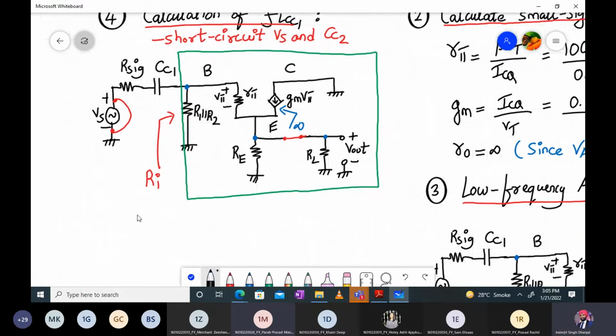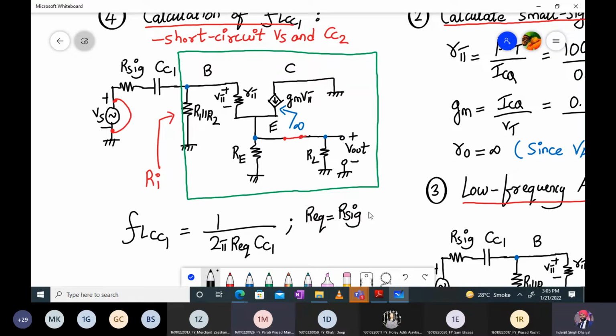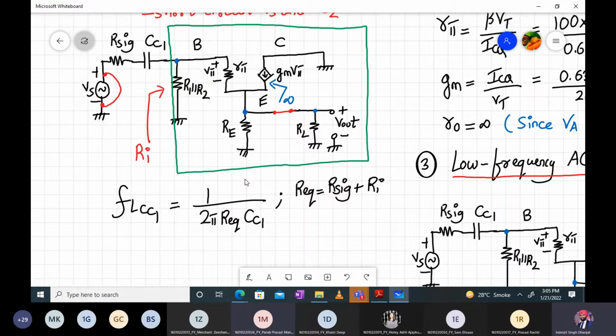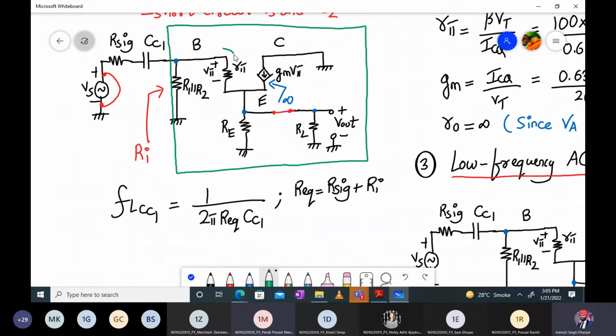What is the formula for FL of CC1? It is 1 upon 2 pi R equivalent into CC1, where R equivalent is R sig plus Ri, and we are here to find out the value of Ri. So anyone, come on, we have done that many times now. Please tell fast. The current flowing over here is IB. Remember, the current flowing over here is IE.